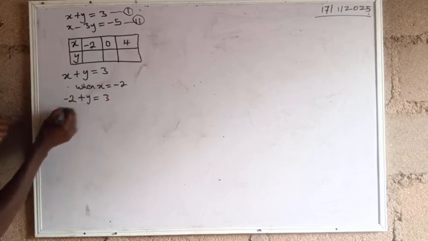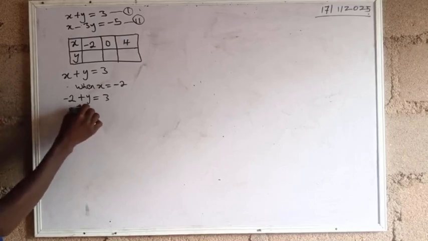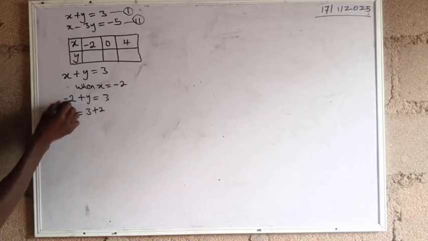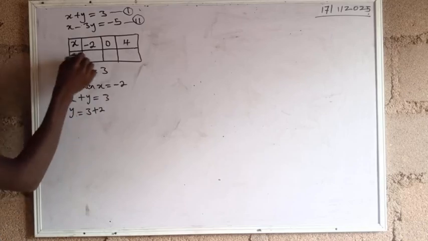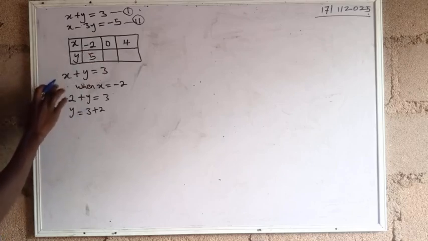Then we collect the like terms: y is equal to 3 plus 2. When 2 crosses the equality sign, it turns to +2. Now we put the value of y as 5.